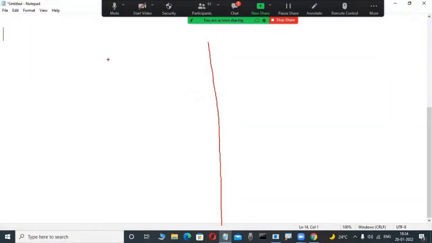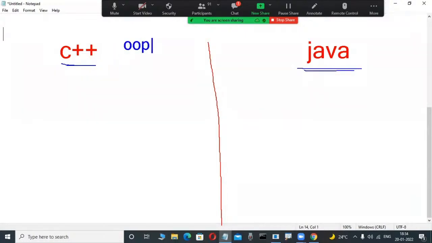Now check it out. Suppose, simply observe for only five minutes. This is a demo, just observe what is going on. C++ is a language. Java is a language. For example, the computer students here. C++ is a language and also Java is a language. These are two popular object-oriented languages. In object-oriented languages, some OOPS concepts are there, object-oriented features.